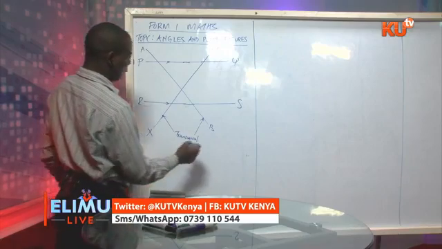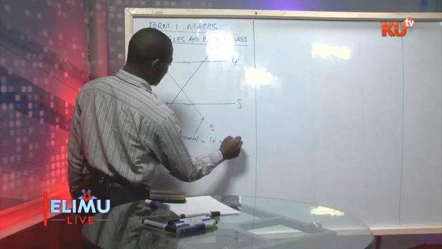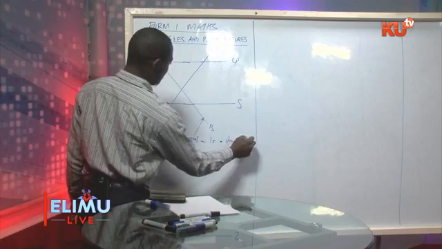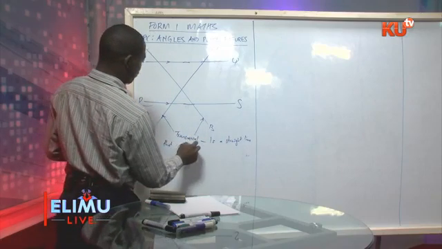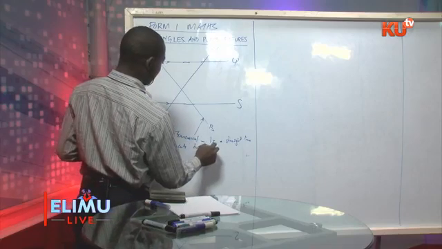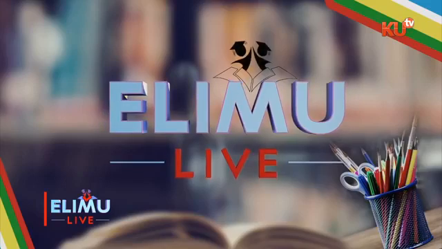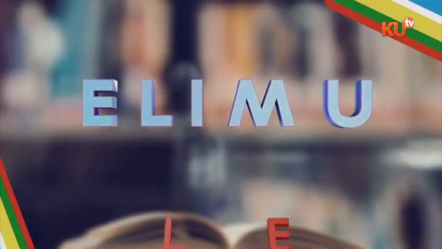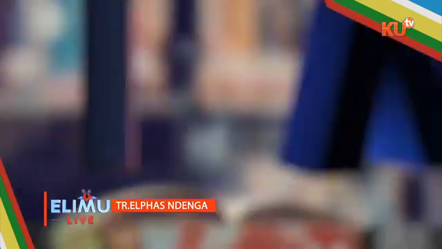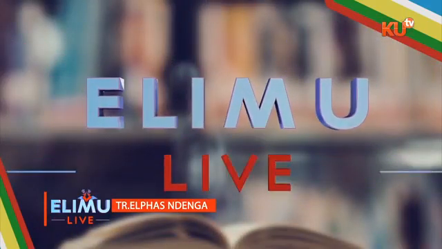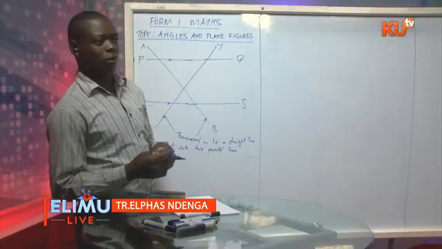When we talk of a transversal, this is simply a straight line that cuts two parallel lines. So when you have lines that cut across two parallel lines, then we call those lines transversals. So angles on transversals are determined in this kind of situation.